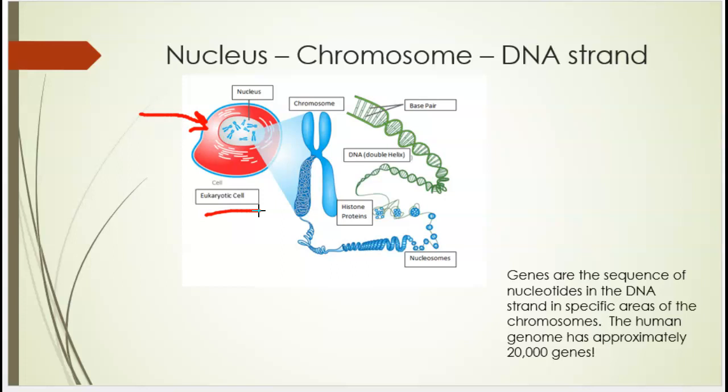Now, we know that we've got what's called cytosol, which is where all the junk that holds basically the organs of a cell. And inside of the nucleus, which is the brain of the cell, we are going to have DNA.